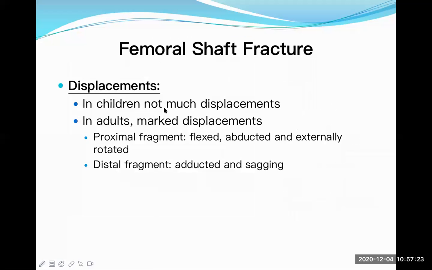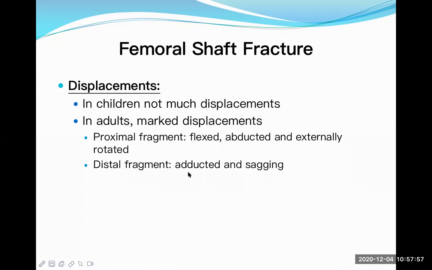Now, in children, regarding the displacement, there is not much displacement because the muscle mass is not strong enough, whereas in adults, there is a marked displacement because of the strong muscle mass there. Regarding the displacement, the proximal fragment is flexed, abducted, and externally rotated, whereas the distal fragment is sagging because of the effect of gravity, and adducted because of the adductors.